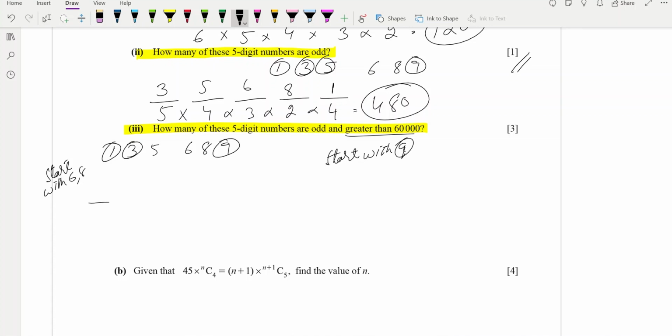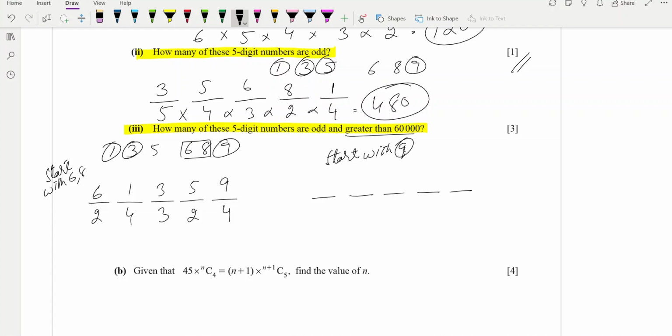So we can take 5 positions, 1, 2, 3, 4, 5 positions, and starting with the 6 or 8, so 2 options, and then we can have 1 out of remaining 4, because 6 and 8 we are dealing as 1, so remaining 4 will be here, and then 3 out of 3, then 5 out of 2, and 9 will be the last number which we can write, 9 out of 4.